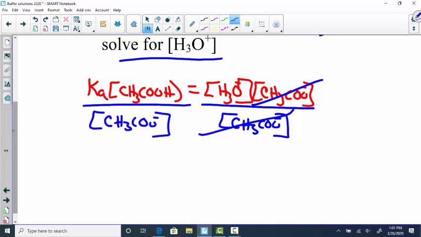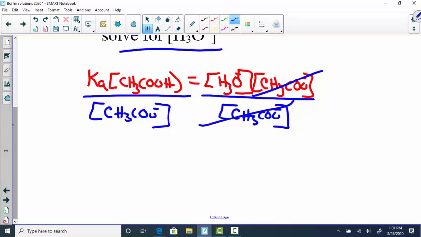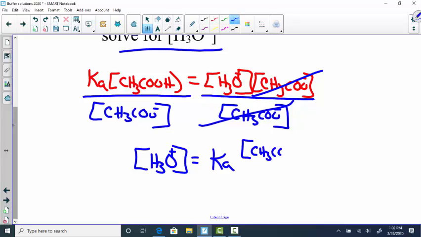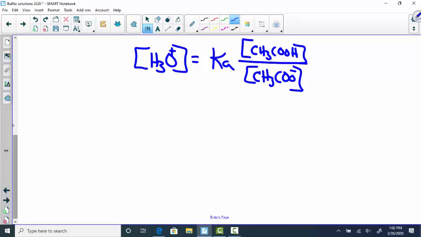Rewriting and flipping, what I have is the H3O plus concentration is equal to the Ka times the concentration of CH3COOH all over CH3COO minus. Now, you're going to say, well, why do that?